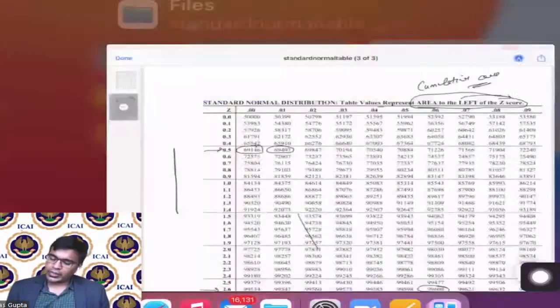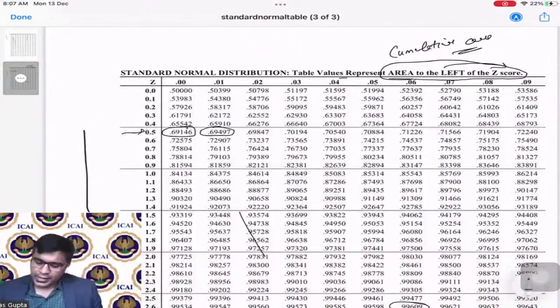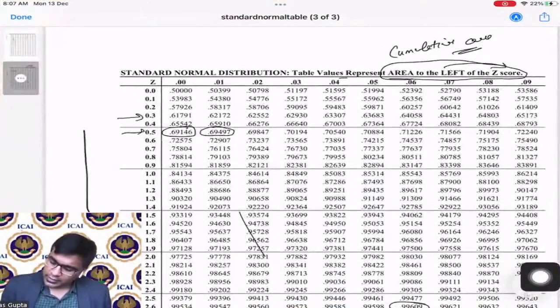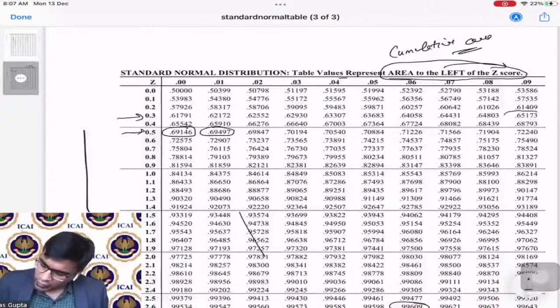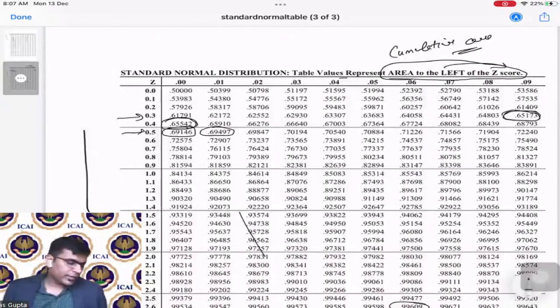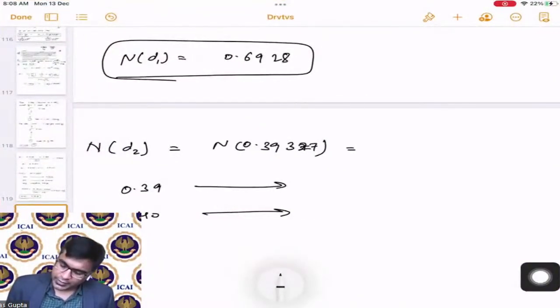Now again, going back to the standard normal distribution table, which you can easily find on the internet also, what values are we looking for? 0.39 and 0.40. So 0.39 is actually this last value, which I'm circling here, and 0.40 is this value.